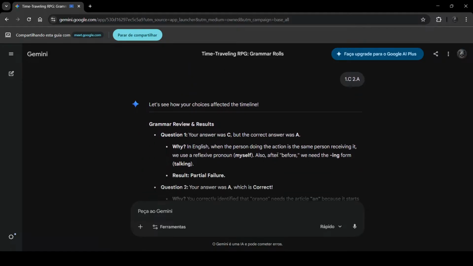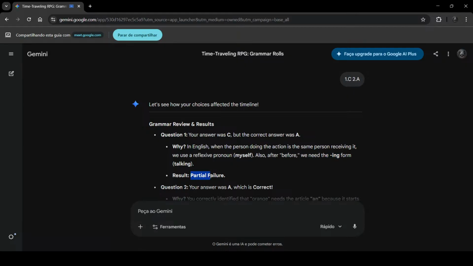Well, let's see here. Grammar review and results. Question 1. Your answer was C, but the correct answer was A. Why? In English, when the person doing the action is the same person receiving it, what we have just seen, we use the reflexive pronoun myself. Also, after before, we need ing for talking.